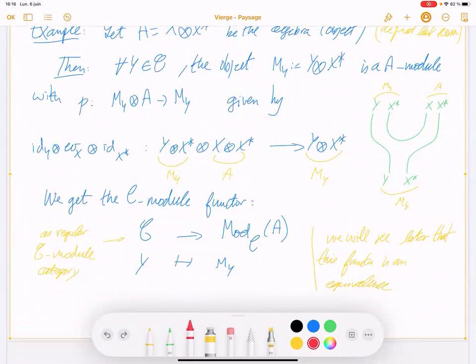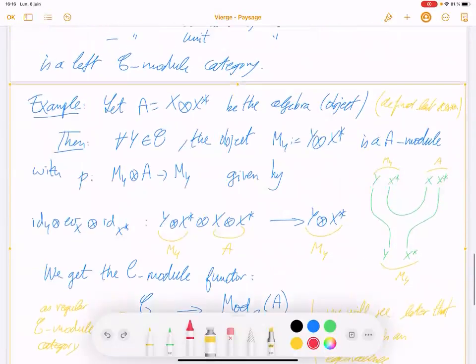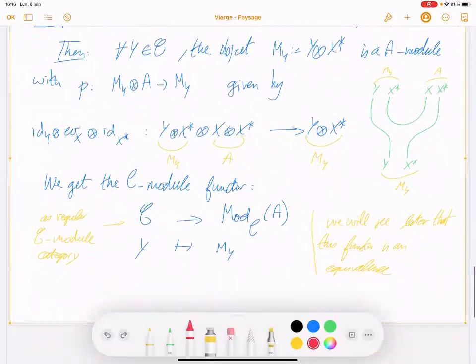And in fact, we will see maybe today, maybe next session, that every algebra of this form is Morita equivalent, because their A module category is equivalent to the same one.